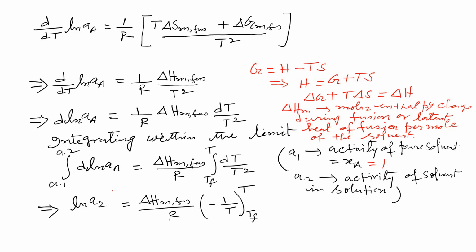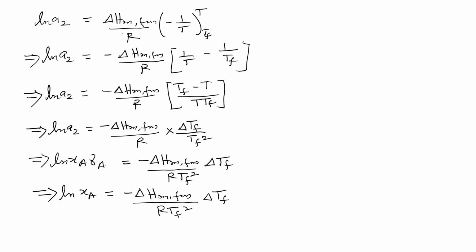So A1, that is lower limit, will be 1. So ln 1 will be 0. So it will be only ln A2, that will be equal to delta Hm fusion by R, and this integration I think you can do it. That means T to the power minus 2. So T to the power minus 2 plus 1 divided by minus 2 plus 1, so minus 1 by T, and limit is TF to T. So ln A2 is equal to delta Hm fusion by R into minus 1 by T, limit is TF to T.